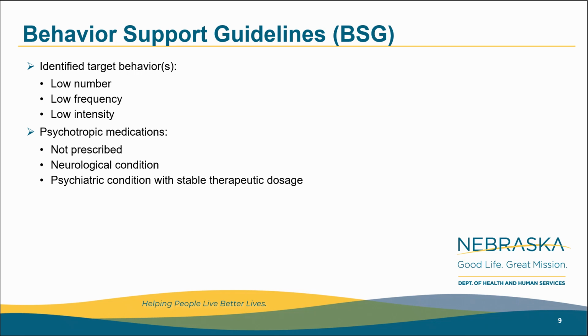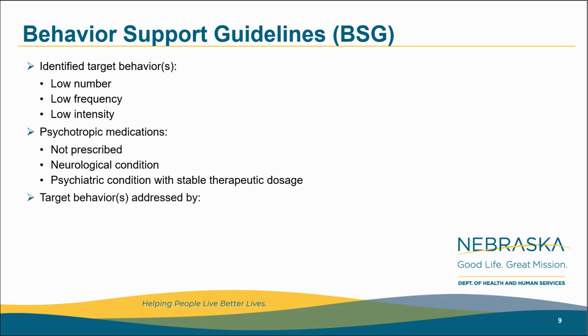Unlike the potential for frequent changes in psychotropic medication we reviewed when looking at BSP criteria, individuals supported with BSGs are maintained at the lowest therapeutic dose of psychotropic medication when it is prescribed for mental health purposes.